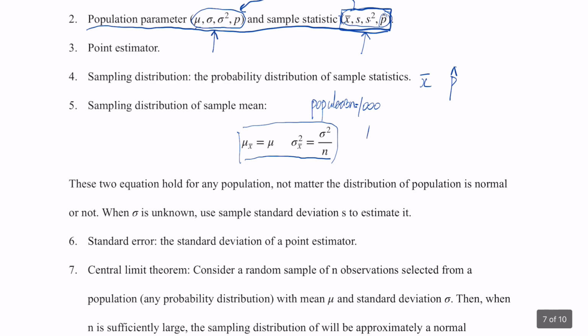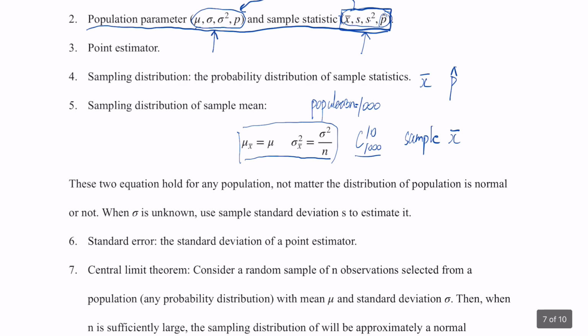Suppose we draw 10 people to form a sample. And we will draw as many samples as we could from this population. So that means we choose 10 from 1,000. And for each sample we get, we will calculate its sample mean.